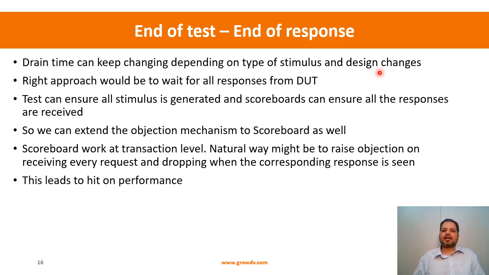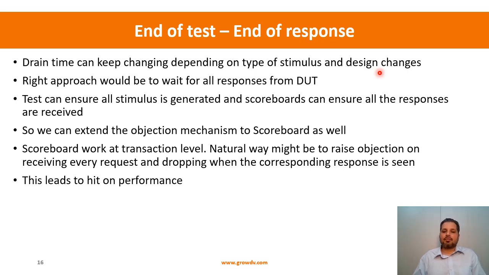And how we can do that is, we know that our scoreboard component is tracking the number of requests and it knows when all the responses have come in, right? So the simpler way is that we extend the objection mechanism to the scoreboard as well. So far we are making only the test participate in the objection mechanism.